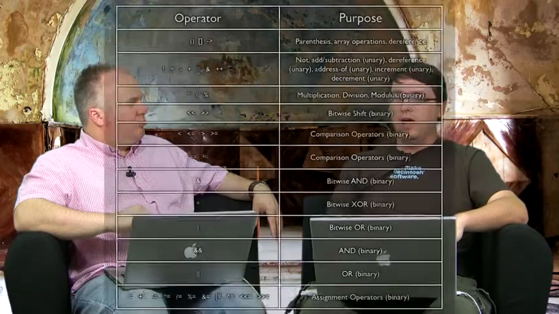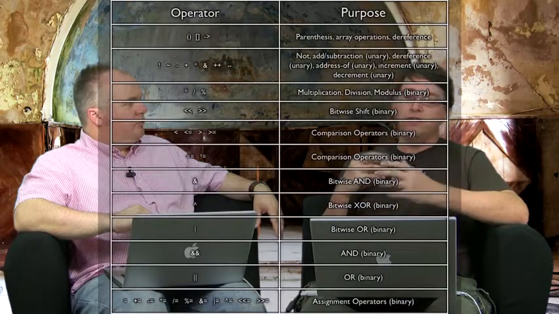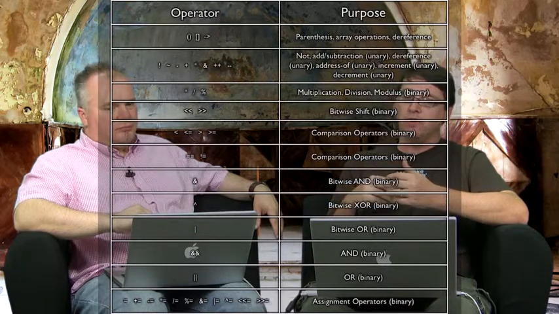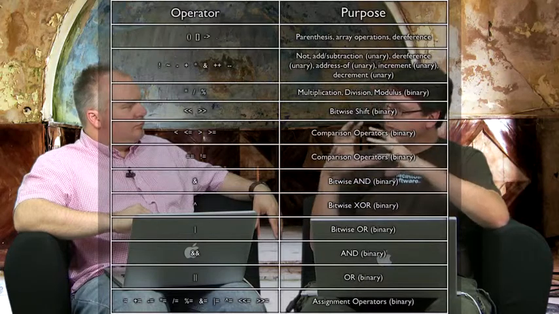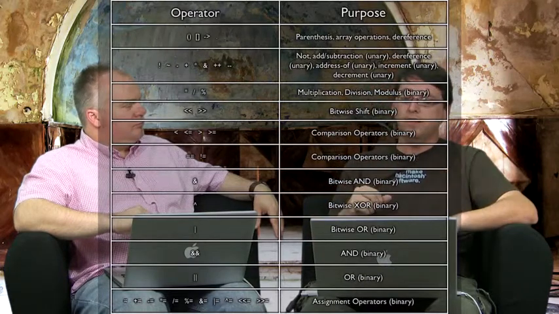There's a whole bunch of different kinds of operators in C and Objective-C. We have, for example, the parenthesis operators, which group the things that are inside of them.